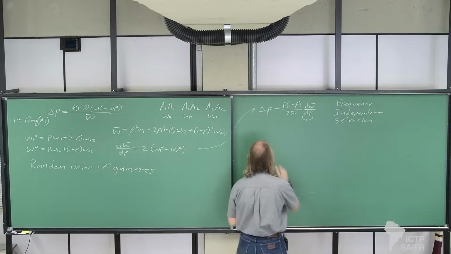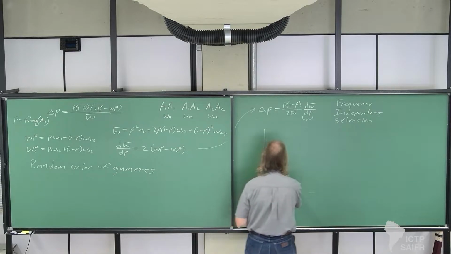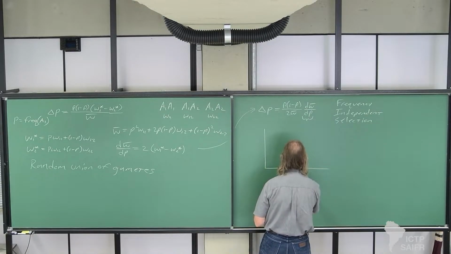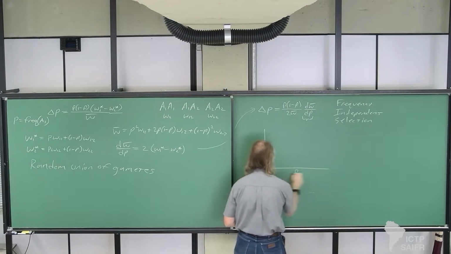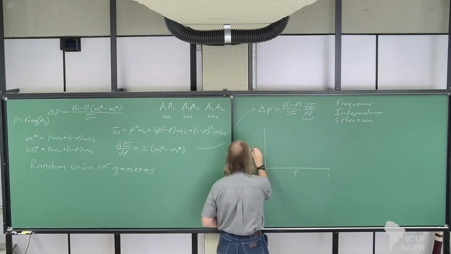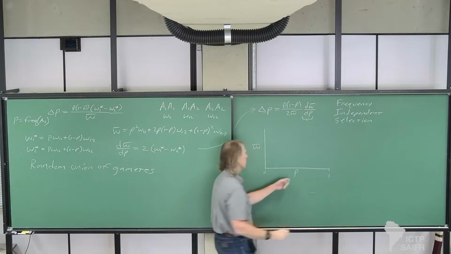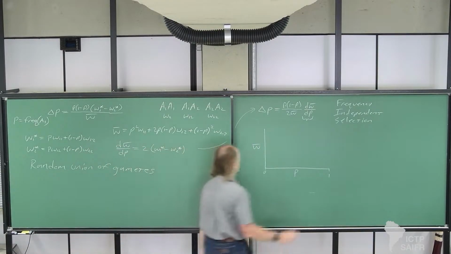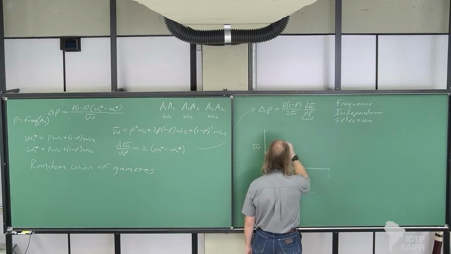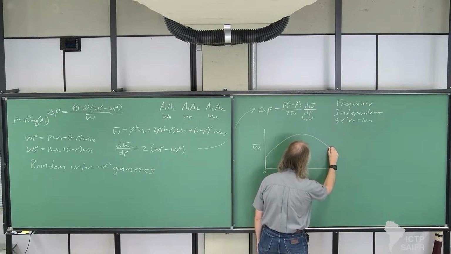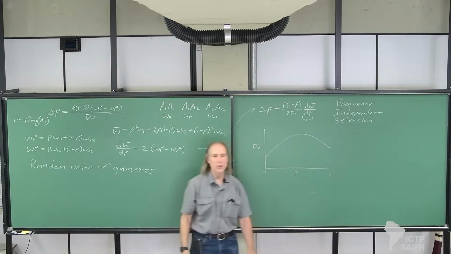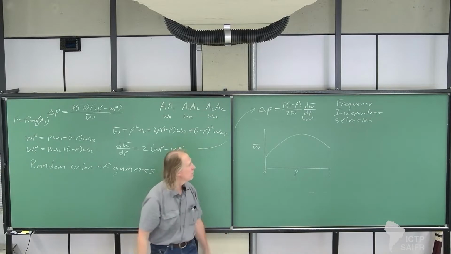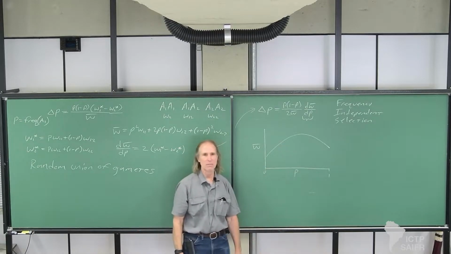Well, it means that in principle, I can plot mean population fitness as a function of allele frequency. And if I get some function, say, that looks like that, then the direction of evolution is determined by the slope of that function.